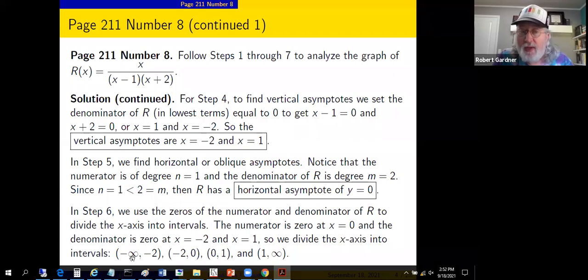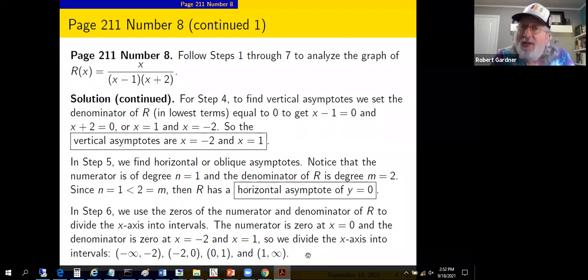So we'll take the whole real number line, remove -2, then 0, then 1, creating these 4 disjoint open intervals. Now, this function, being a rational function, being continuous, will have the same sign throughout this interval, and this interval, and this interval, and this interval individually.